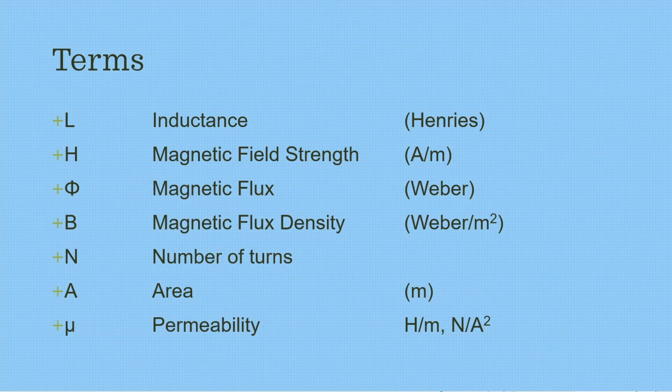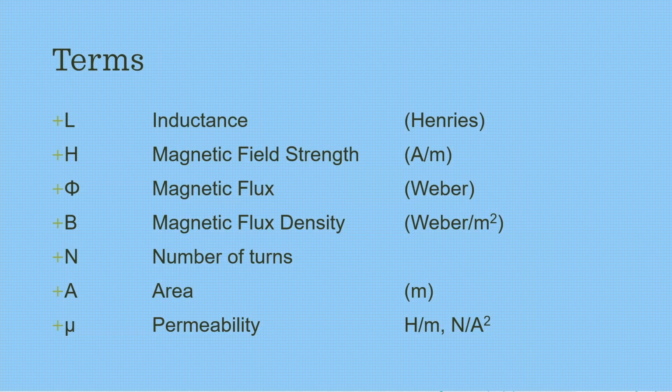This exercise has a lot of equations, so I think it's useful to look at the different variables involved in coming to the solution. The first easy one is L, which is inductance, measured in henries.